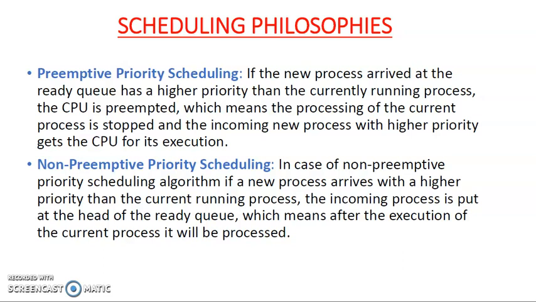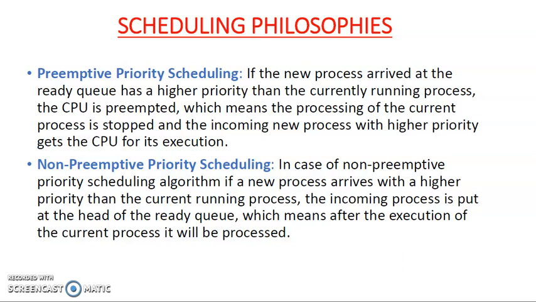What is the meaning of preemptive priority? If a new process arrives at the ready queue and it has a higher priority than the currently running process, the CPU is preempted.